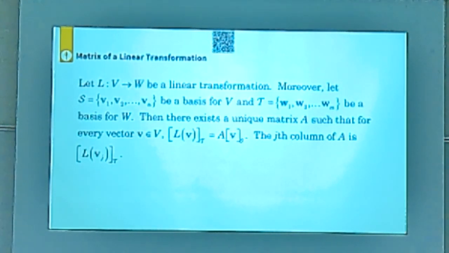Because last time we looked at the kernel and the range, right? Well, if we have the matrix A, then the kernel is just the null space of A, and the range is just the column space of A. And those are generally a lot easier to find than the kernel and the range.